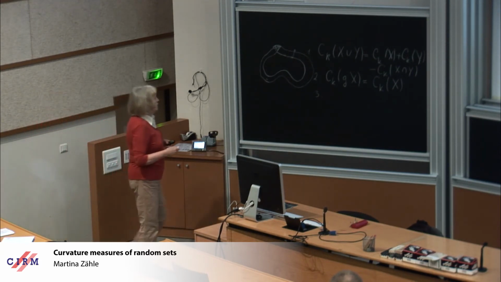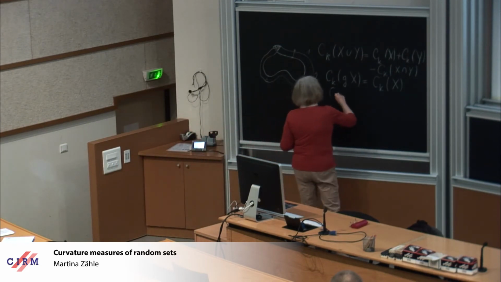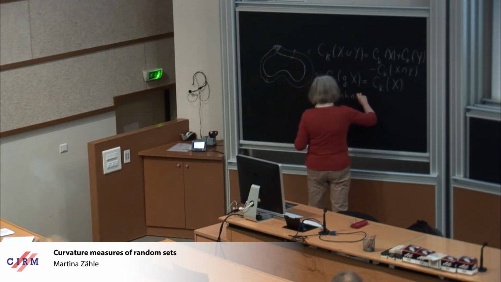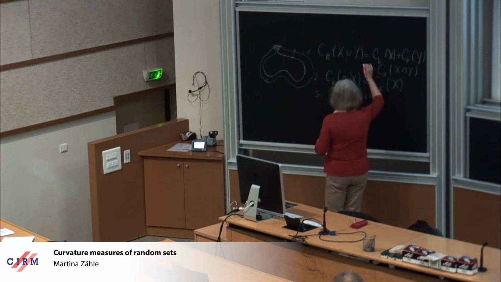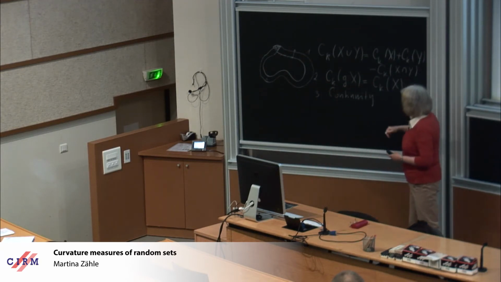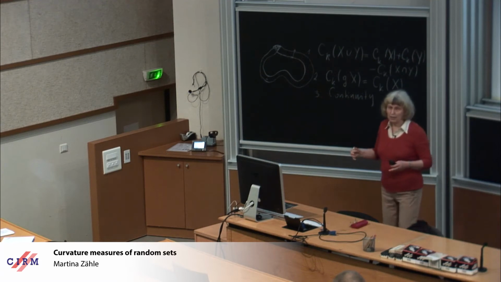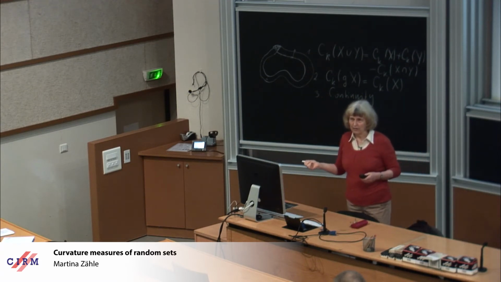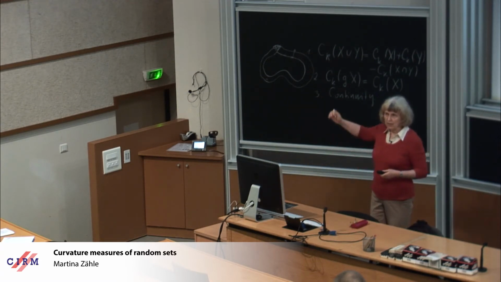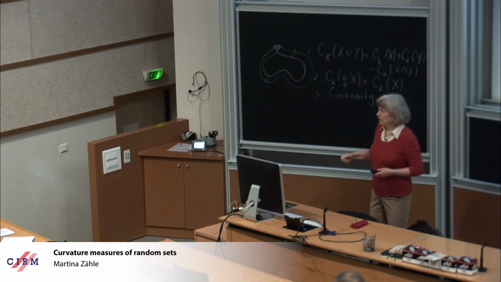And if you use this, I will write simply continuity in a certain sense. Then these three properties already characterize these functionals, namely any other functional, in the sense of Hadwiger's characterization theorem, any other functional with these three properties is a linear combination of these C_k for different k.